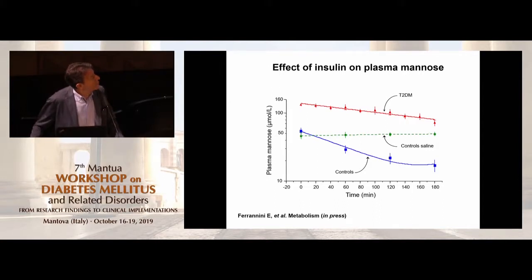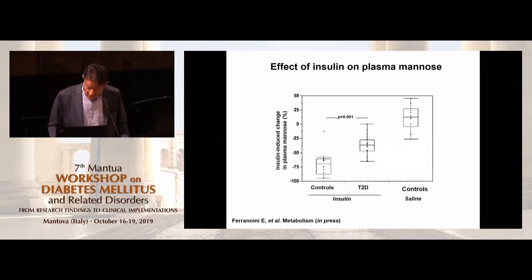We looked at what these mannose levels in the blood look like in control subjects given either a saline infusion or a euglycemic insulin clamp, the standard one. And we also looked at the same in a group of type 2 patients. This looks very much like what you would see with free fatty acids, with branched-chain amino acids, and even with glucose.